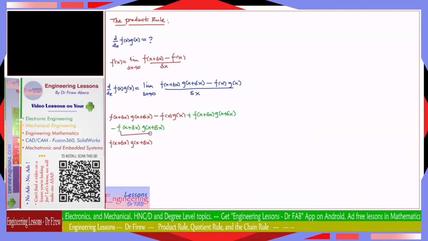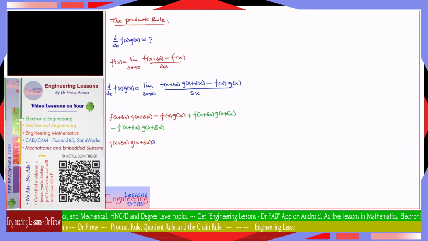Now I will take this and put it here, minus f of x. Let me use a different color so we can differentiate which one is which.